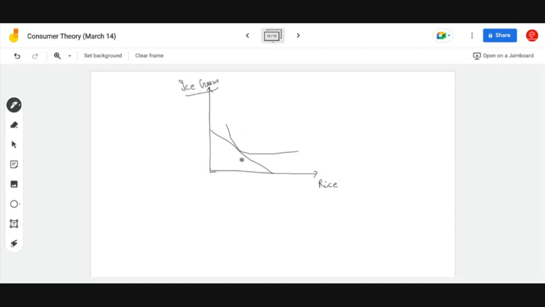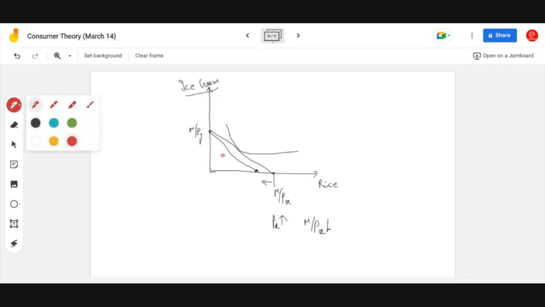Now we are saying that this intercept is nothing but m upon px, and this is m upon py. Px is increasing, so this point will shift towards the origin. So m upon px will decrease. This means this will shift towards the origin. So let's call it this point, a new point.